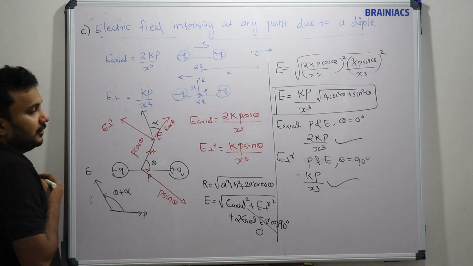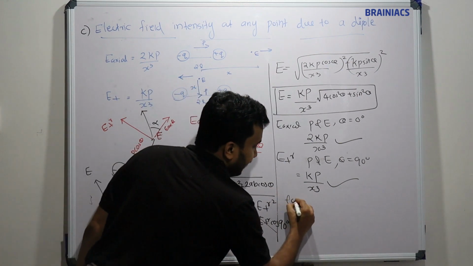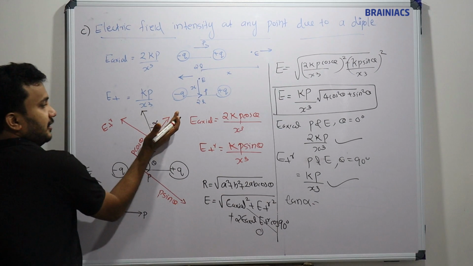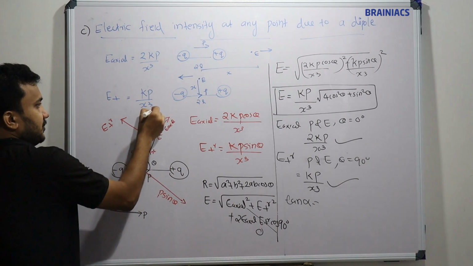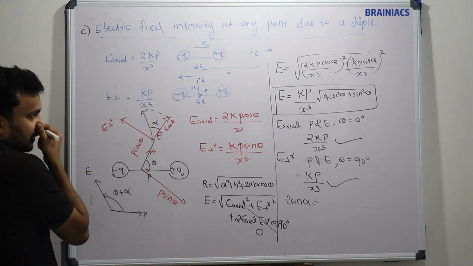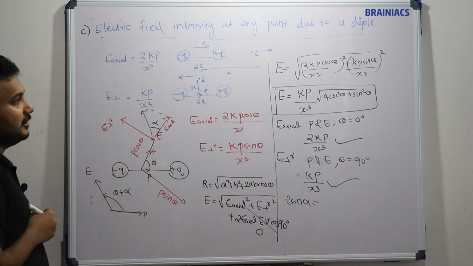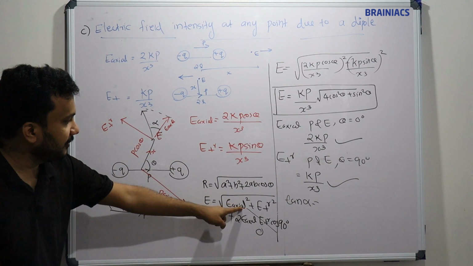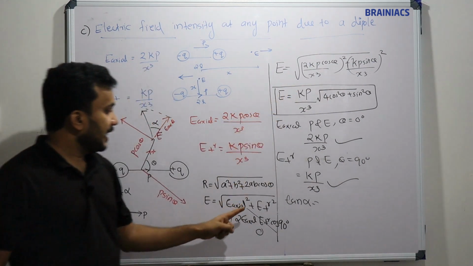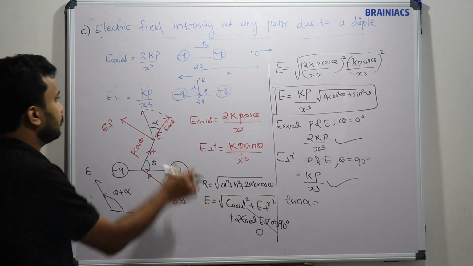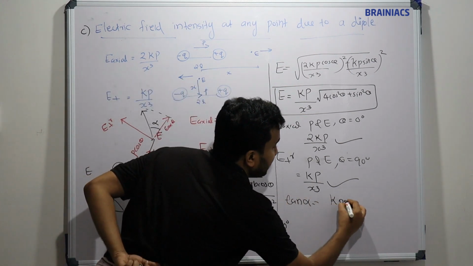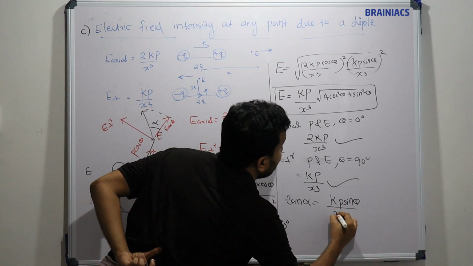How can we find alpha? Let me write tan alpha. What is tan alpha? Opposite side by adjacent side. What is the opposite side in this case? Opposite side means the perpendicular electric field. Here the perpendicular electric field is our second term, and the axial electric field is our first term. So perpendicular means the second term: kp sin theta divided by x cube.